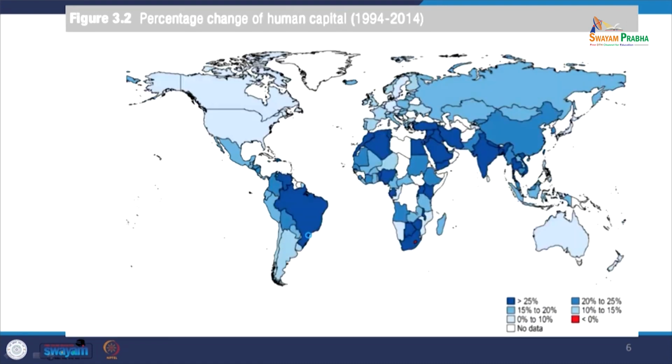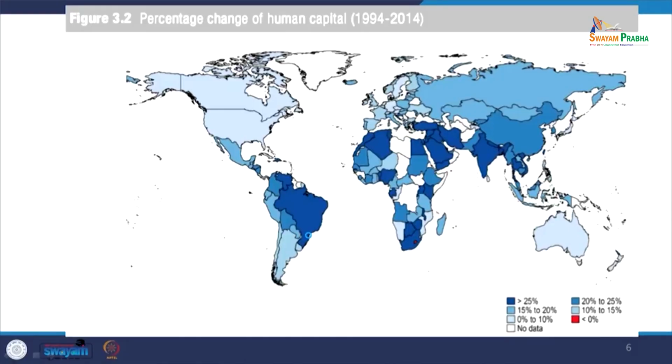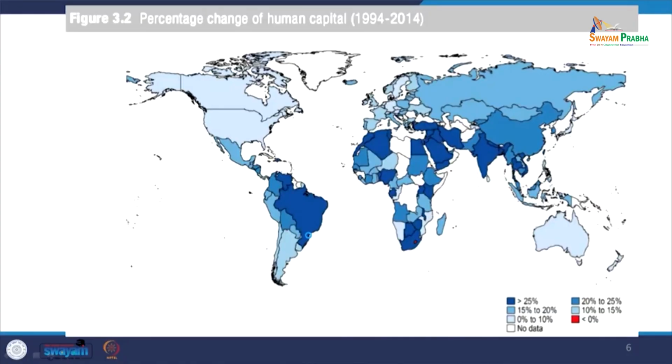export and import function. Now, look at the percentage change of human capital from 1994 to 2014. What is important here is the following. Just human capital is not enough; the percentage change is also quite important. We have observed that in terms of percentage change, India and other emerging countries were in a much better position than the developed countries.